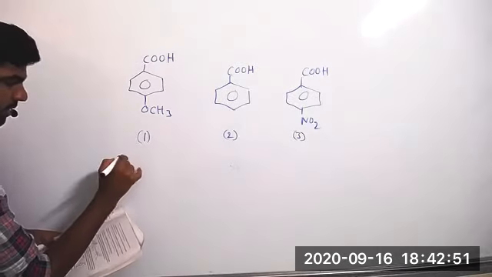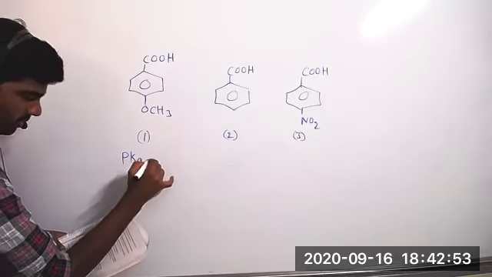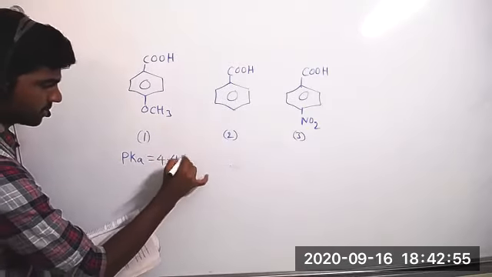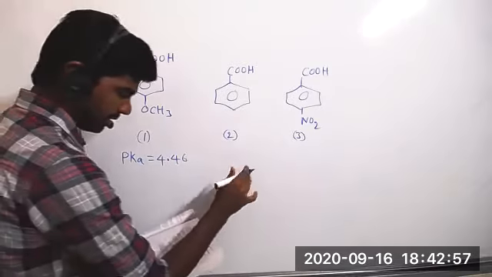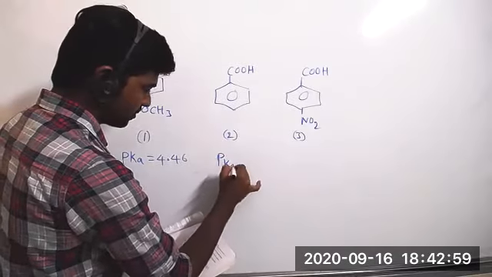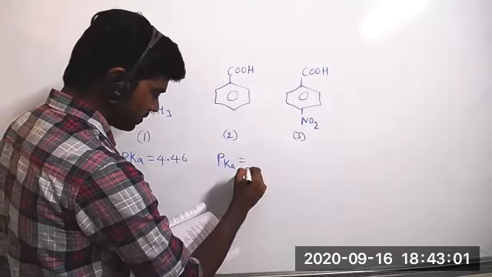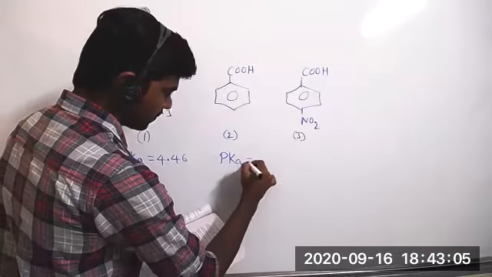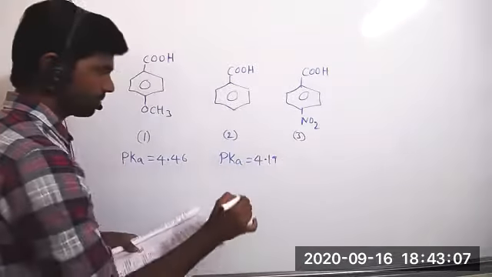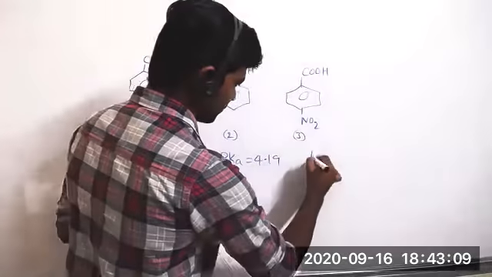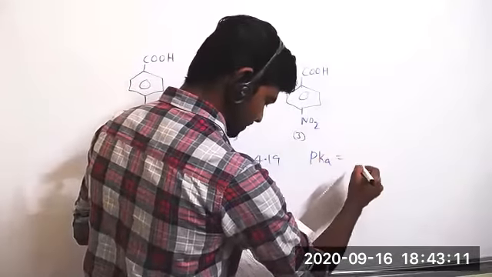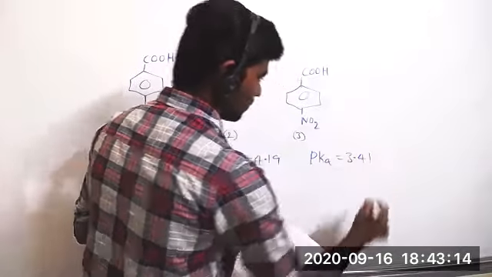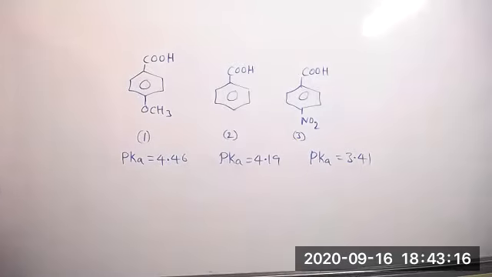Their pKa values are also given: 4.46, 4.19, and 3.41. So which is the more acidic substance?